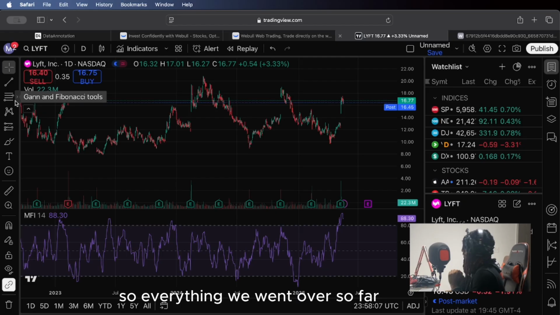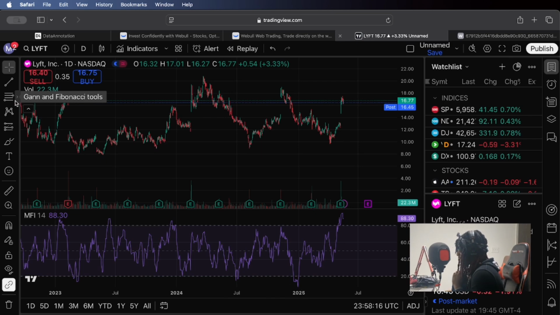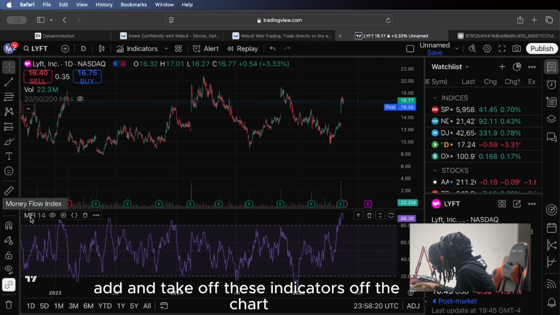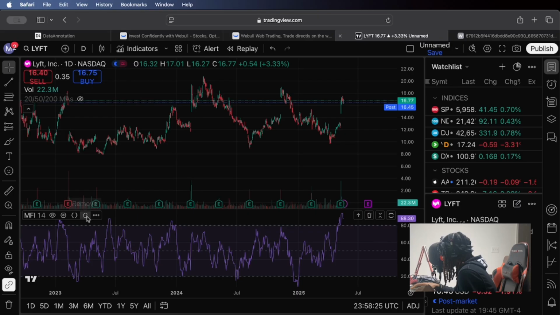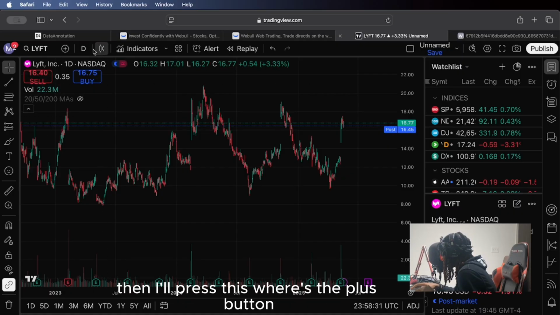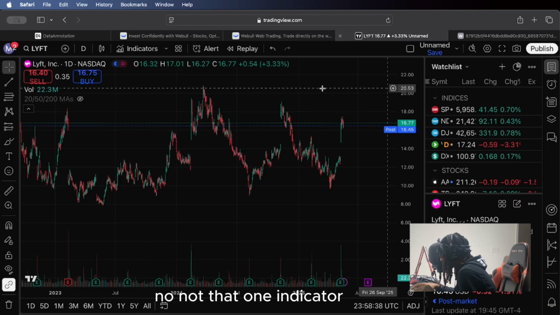So everything we went over so far, just understanding how to use TradingView. If I were to actually add and take off these indicators off the chart, this is what I would do. I'll just remove it, right? Then I'll press this. Where's the plus button? No, not that one.